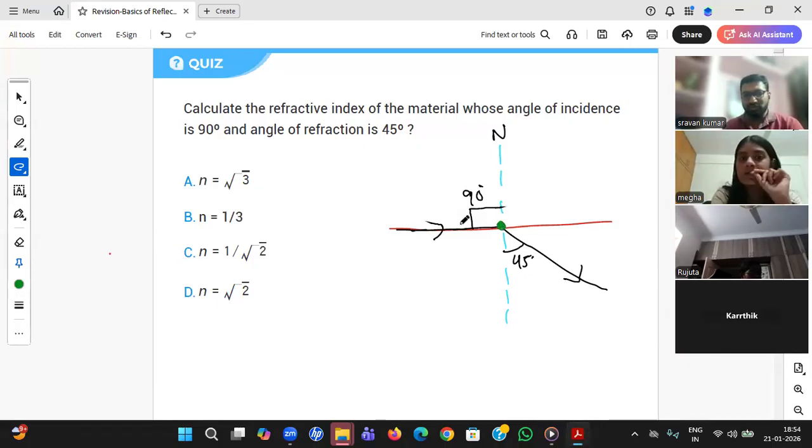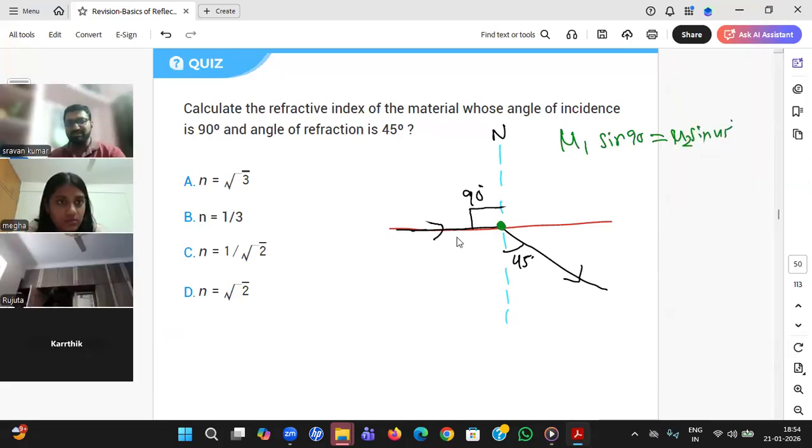So Snell's law is mu1 sine 90 equal to mu2 sine 45. What is he asking, students? Refractive index of the material. Whenever this question is asked, material means medium number 2. Generally he will take the other medium as air, and this is the material. That means he is asking mu2 by mu1.